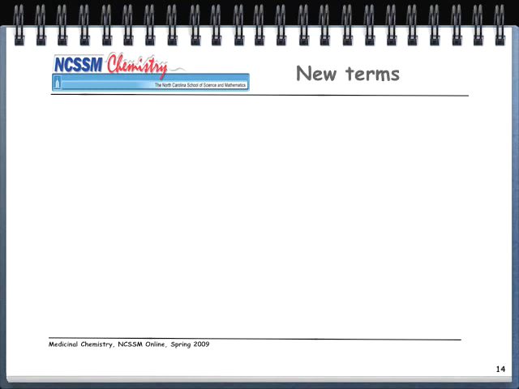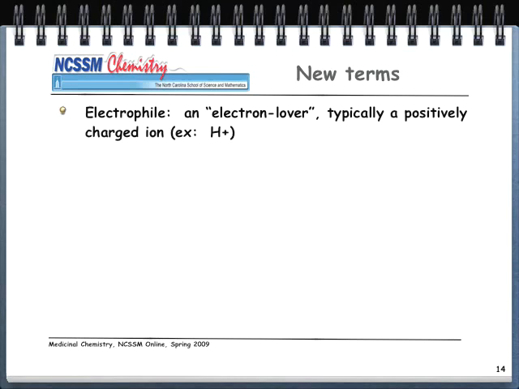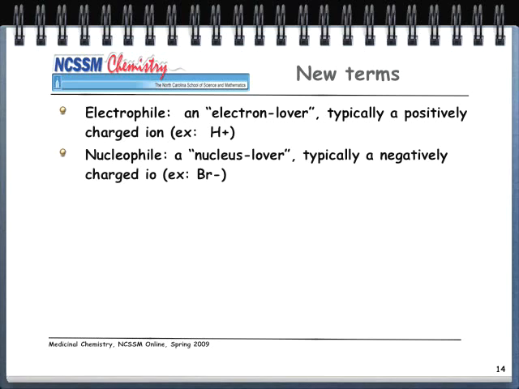Okay, some of the new terms there: electrophile, as you might suspect, is an electron lover, and that's typically a positively charged ion like H+. A nucleophile is a nucleus lover. Remember, the nucleus has a positive charge, and that's typically a negatively charged ion like bromine negative.